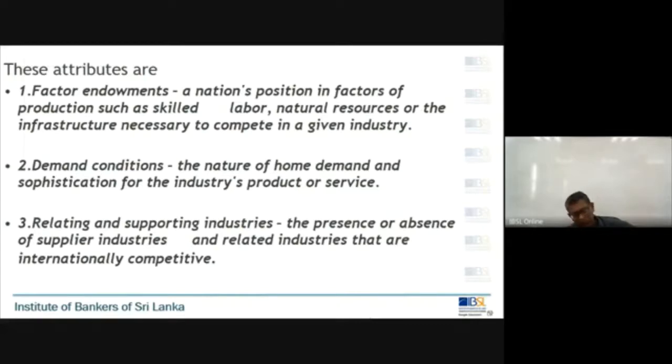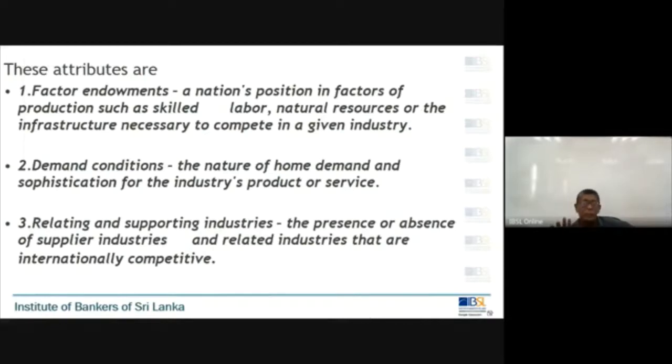Now think about the Indian banking industry and the Sri Lankan banking industry. Of course, as far as skilled labor and knowledge about IT and banking are concerned, India is better than us.